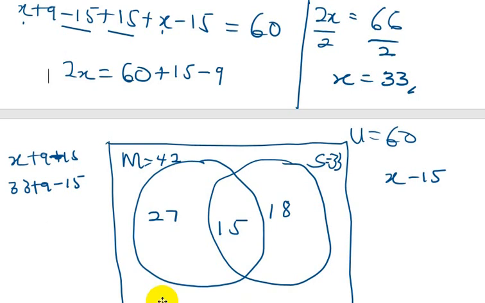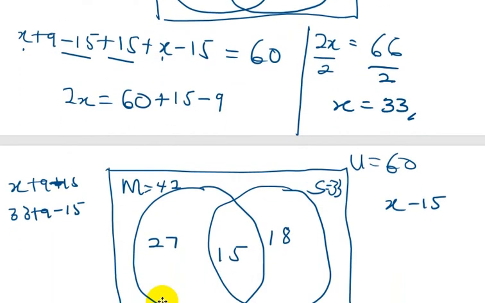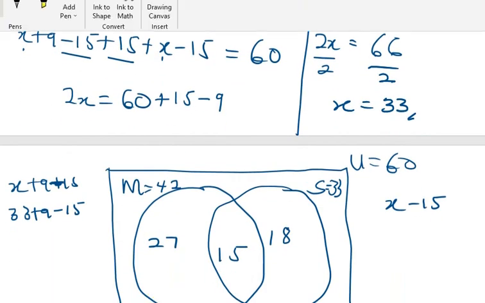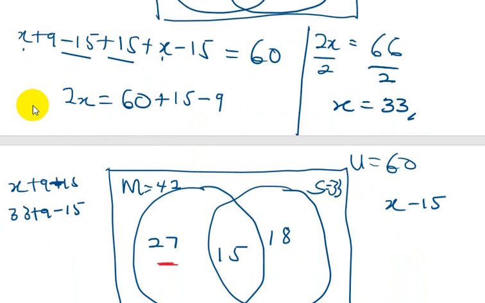And they asked for the probability that a candidate passes exactly one subject. Now let's pay attention here. This is critical. Those in this area, the 27 here, pass only math, so it's one subject, and those here pass only science, so it's also one subject.